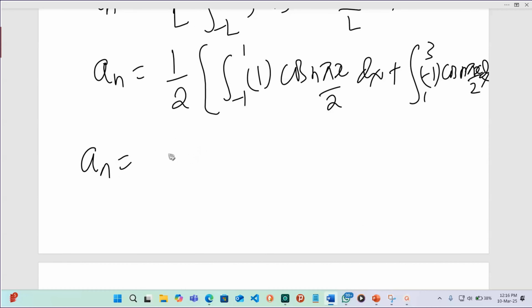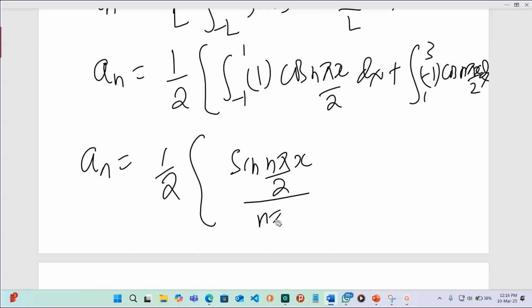So a sub n is going to be 1 over 2. If we integrate this, we get sine n pi x over 2, all over n pi over 2, from negative 1 to 1.